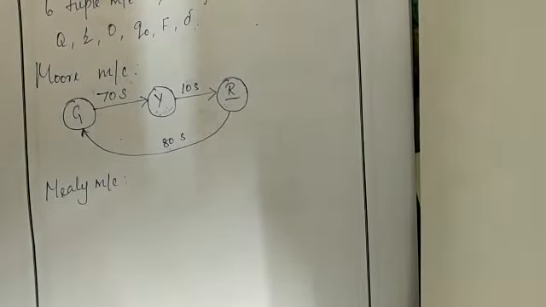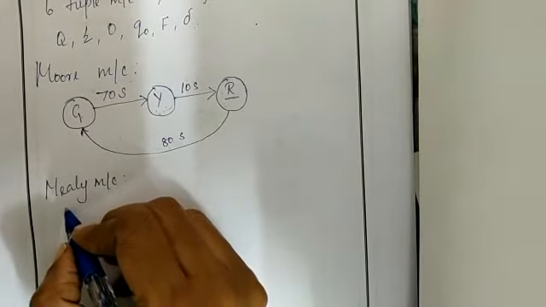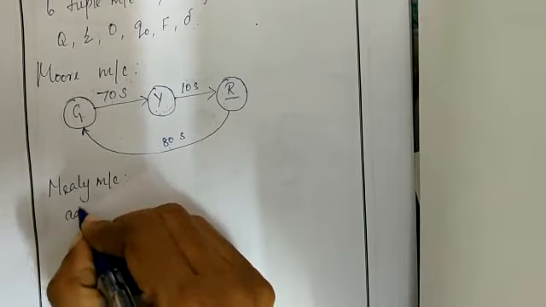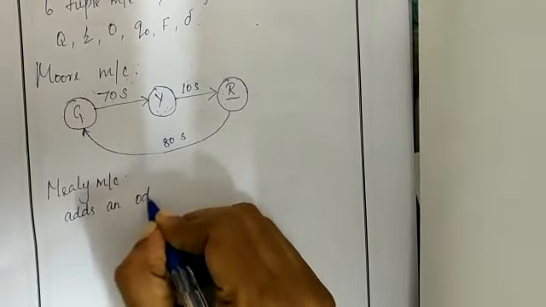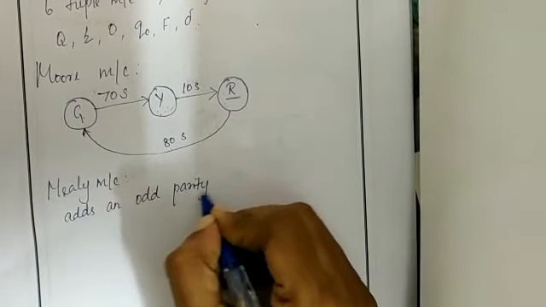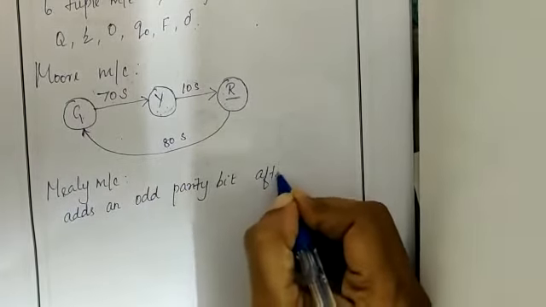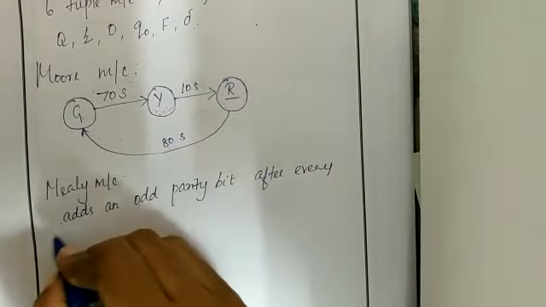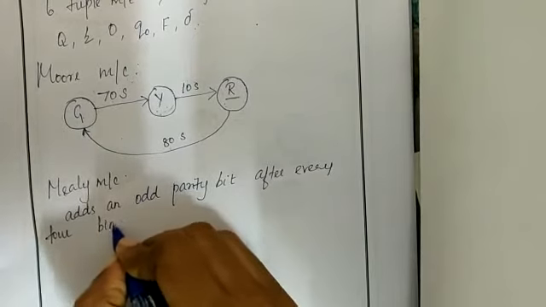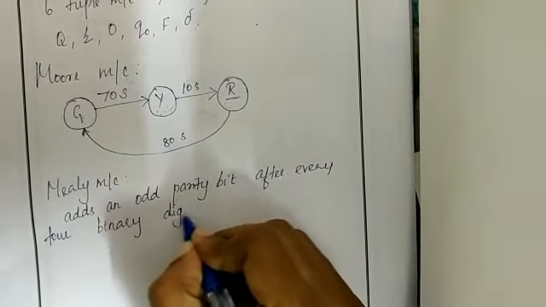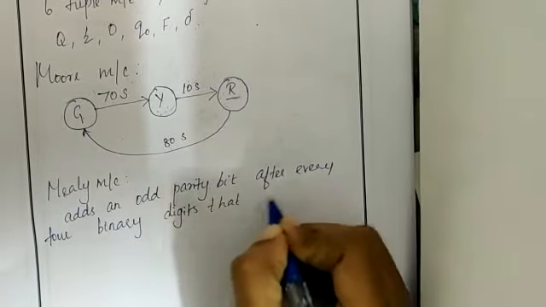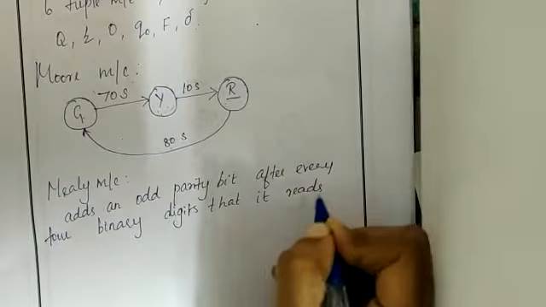So my question is: I have to design a Mealy machine which adds an odd parity bit after every 4 binary digits that it reads.